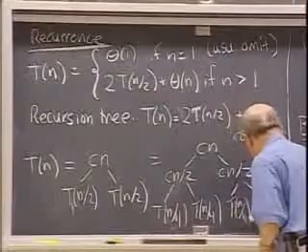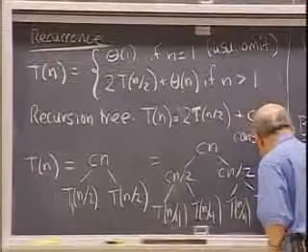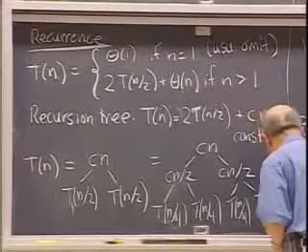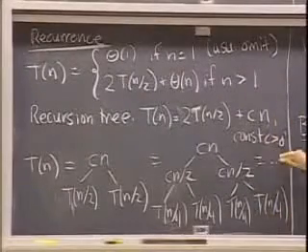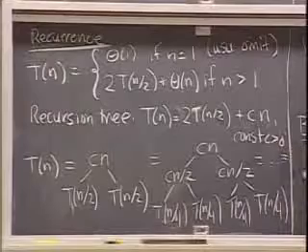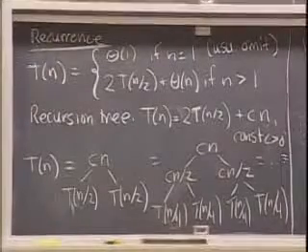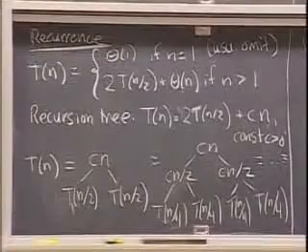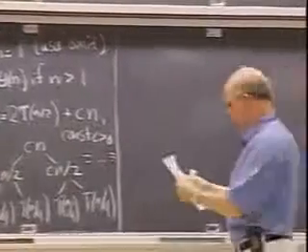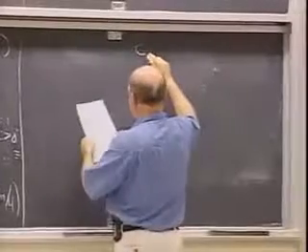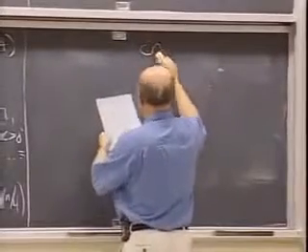And these each have a T of n over 4. And this has a T of n over 4. And I keep doing that, dot dot dot. Okay. And if I keep doing that, I end up with it looking like this.